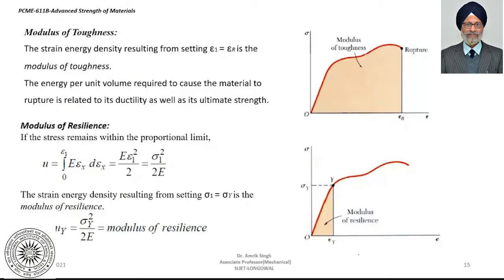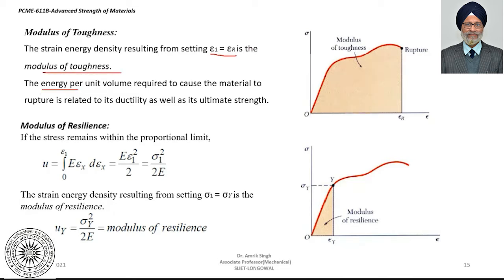Now, what is the modulus of toughness? So you see, up to rupture, the strain energy density resulting from taking epsilon 1 equal to epsilon r is the modulus of toughness.